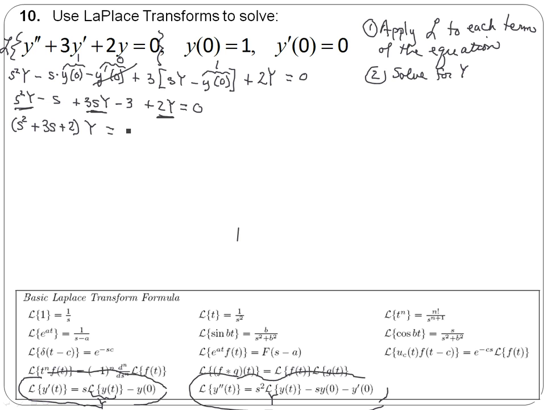So this negative s coming over to the right side becomes a positive s. Negative 3, bringing that over to the right side, gives you a positive 3. And then to solve for Y, you want to divide by s squared plus 3s plus 2. And that gives me my solution for Y.